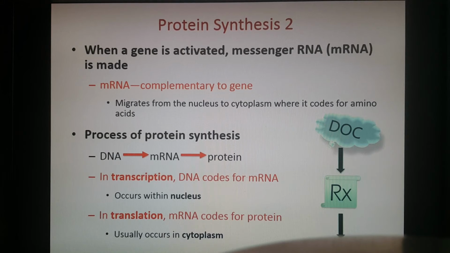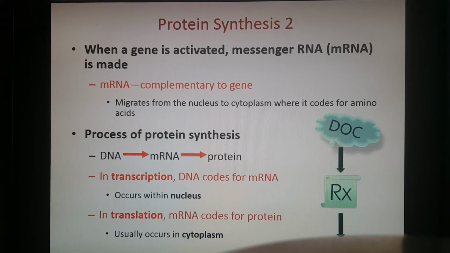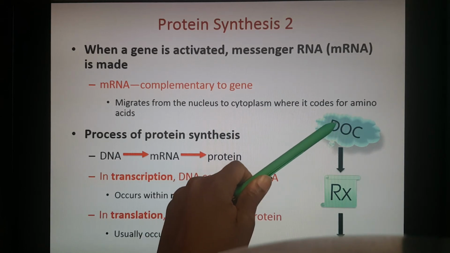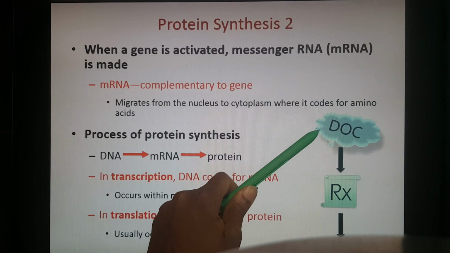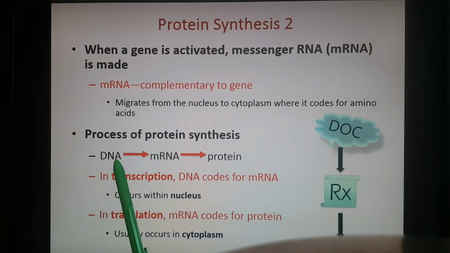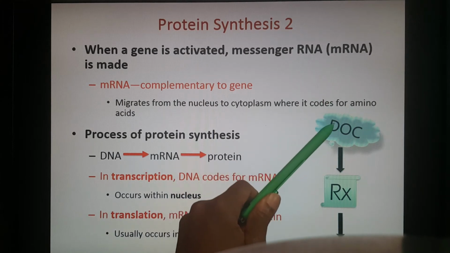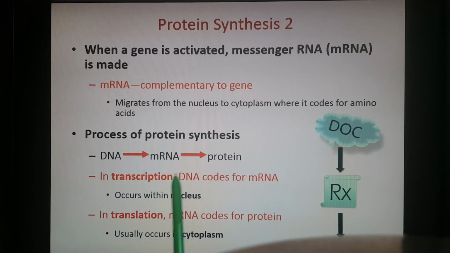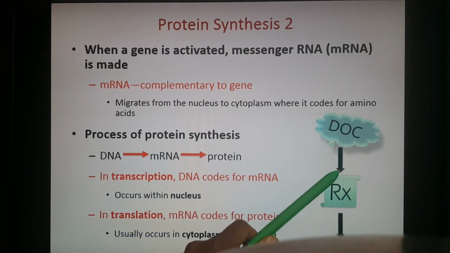So another way of thinking of this is, let's say you're sick and you go to the doctor. Your doctor has all the information possible that you need in order to diagnose your condition, like your DNA having all of your blueprints for making the proteins in your body. So the doctor is going to give you a prescription, or transcribe something, for a particular medicine.